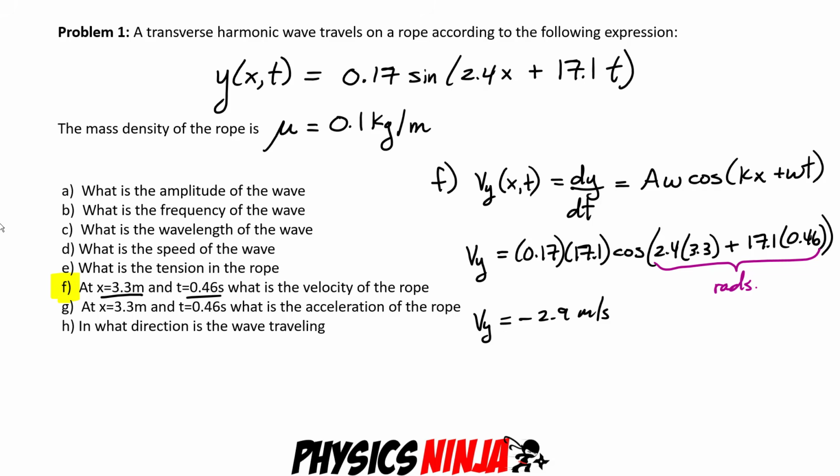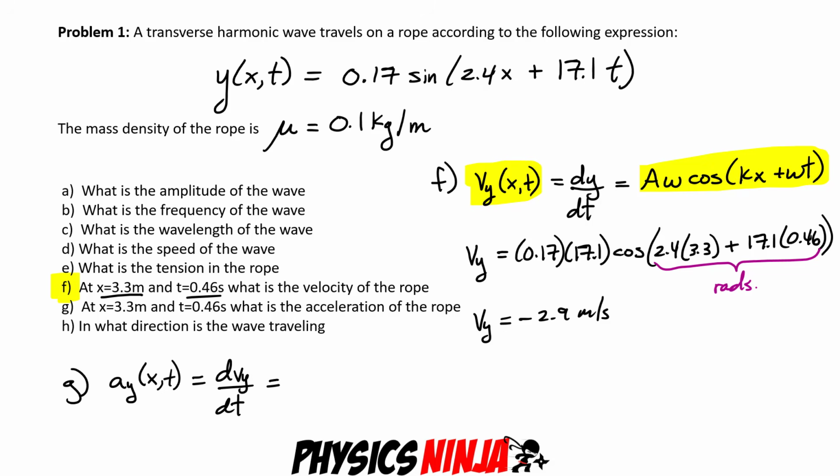The last part here, G says, what is the acceleration of the rope at this exact time? So again, if you're given the velocity expression right here, in terms of all the variables, if we want to know the acceleration of that specific segment of rope, at this position x and at that time t, what you have to do is differentiate the velocity with respect to time.